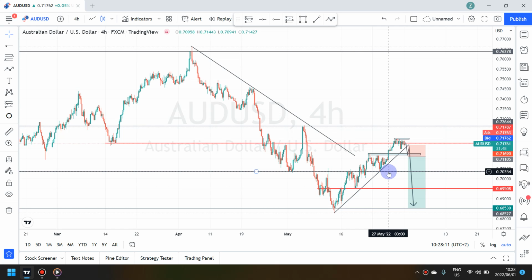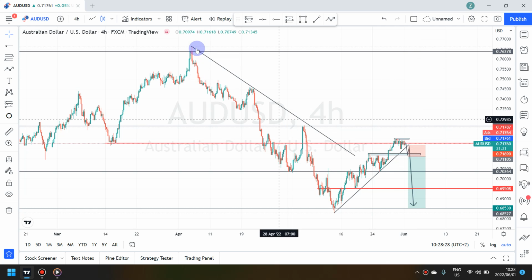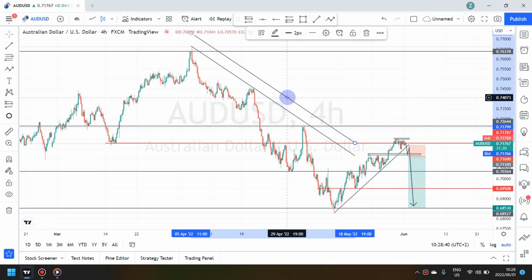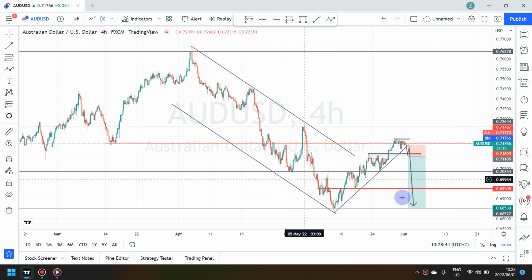So the probability is that it has a higher chance of actually selling, and the possibility is that it might sell and reverse there, or it might just push to the downside. But keep in mind that we have broken out of a bearish structure from the market. We've broken out of a bearish trend, this bearish trend here, so the market might actually reverse here.